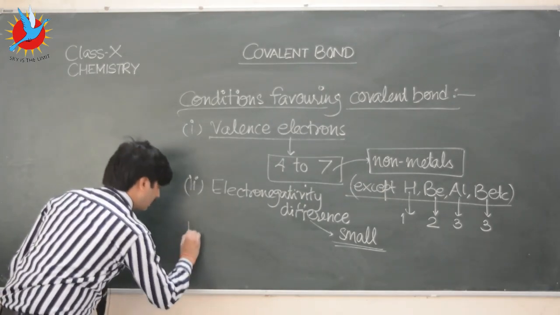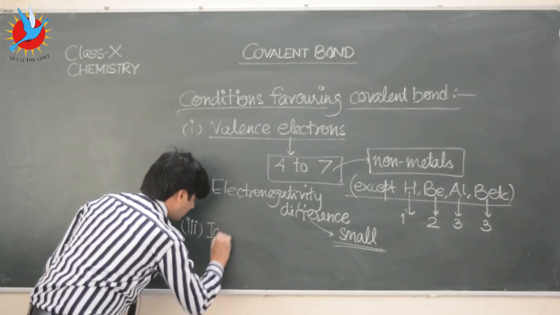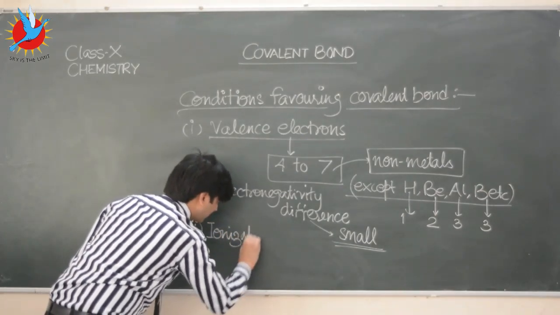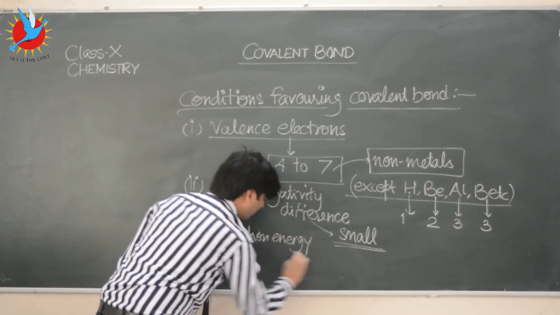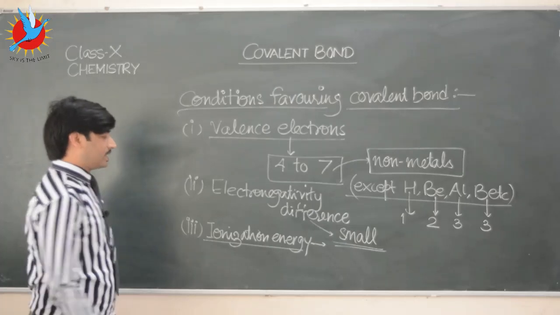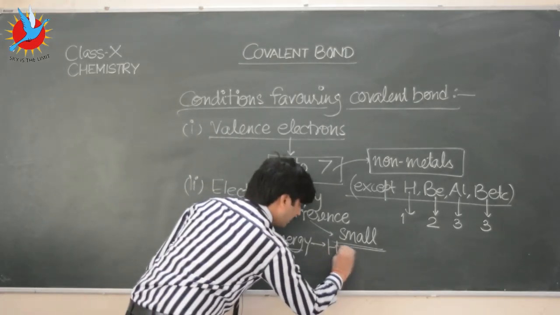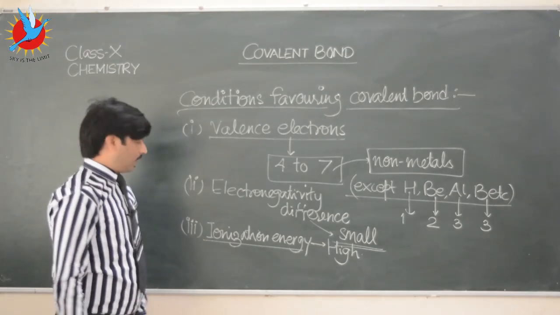The third condition which will favor is ionization potential or ionization energy. What about their ionization energy? Their ionization energy should be high enough, then only they will form covalent bond.